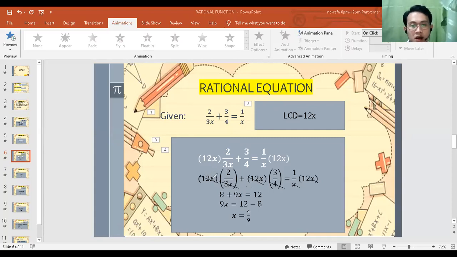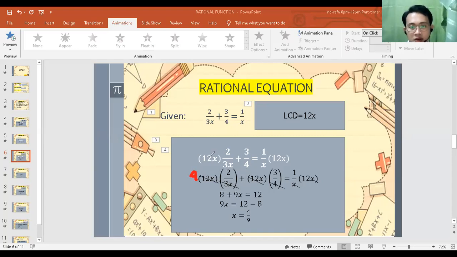So that's basically 12x over 3x, which is 12x divided by 3x, that's 4. Why is it 4? Because 12x divided by 3x, that's 4, right? And then 3x will turn to 1 here.